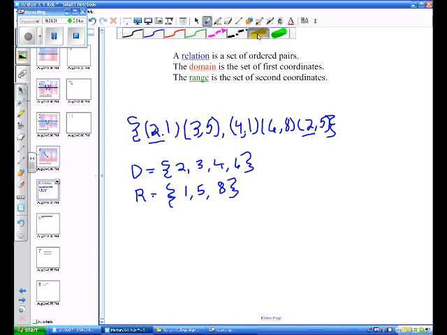So one element of the domain is paired with 2 different elements of the range. So this relation would not be a function because every element of the domain is not paired with exactly one element of the range. We have the (2, 1), and we have the (2, 5).